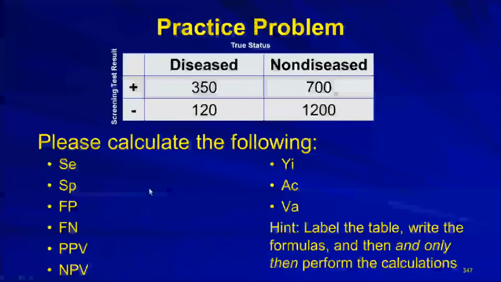Oftentimes you will not see this number of ways to review the data of a screening test, but this gives you a comprehensive view of the data that you have collected, and you can draw conclusions that others may not be able to.